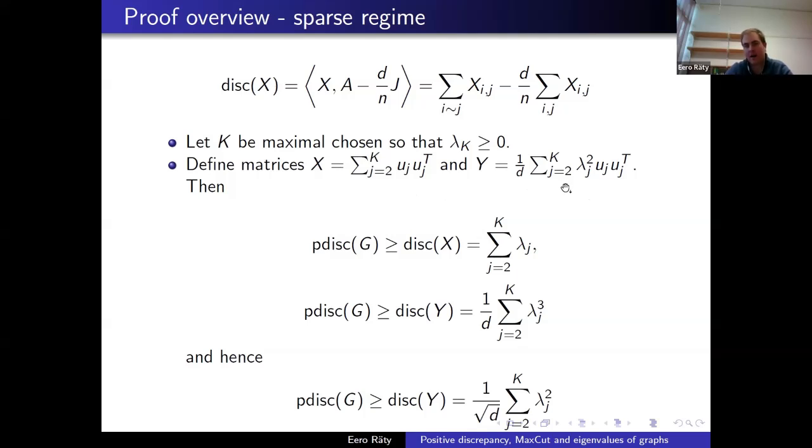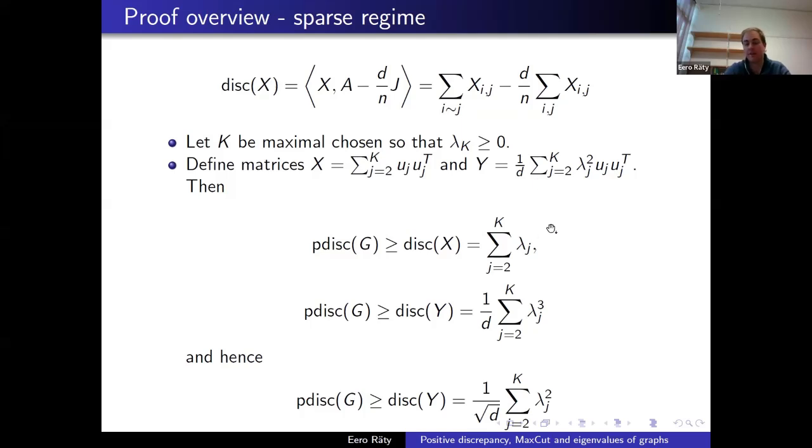Similarly, without this 1 over d term, this is closely related to A squared. Now if the graph is d-regular, then the diagonal entries of A squared are just going to be d. So this 1 over d term will ensure that the diagonal entries here are at most 1.